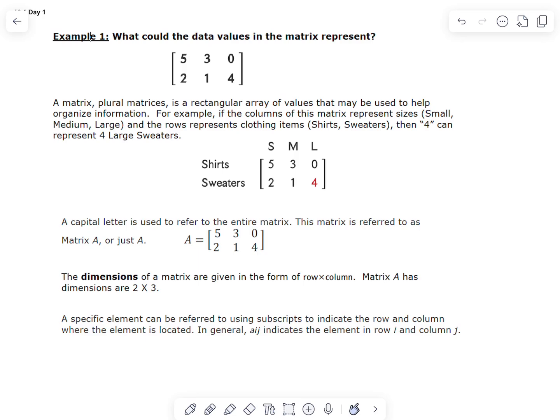So that could represent 4 large sweaters. So then we'd set up the matrices as below. I'm just going to highlight this here.